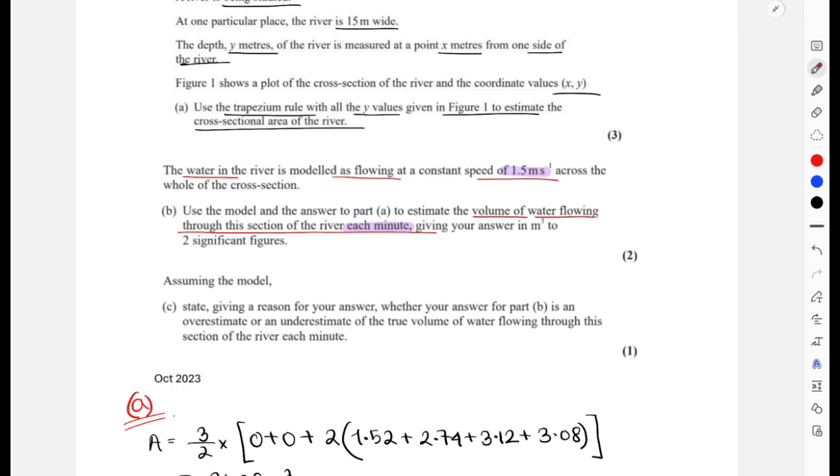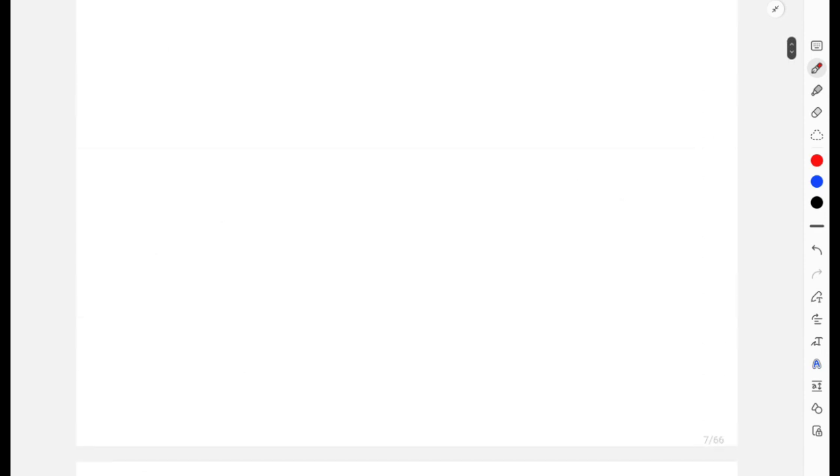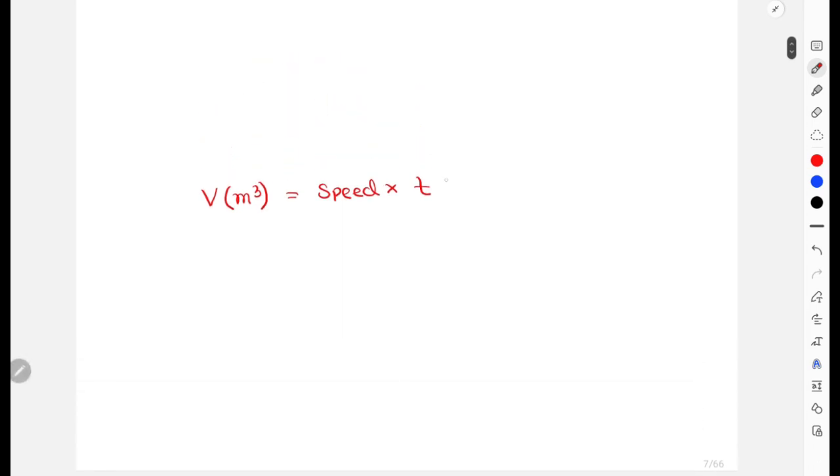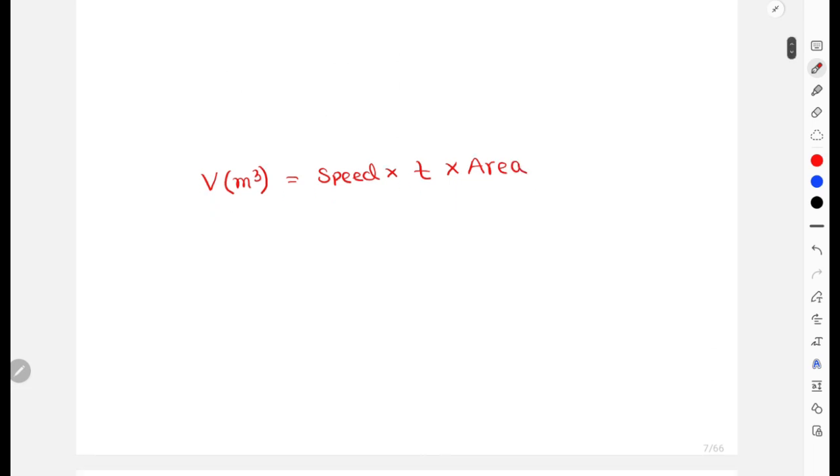And how can you understand that? You can understand this by using the units: volume is measured in meter cube, right? And speed multiplied with time multiplied with area, how can that be equal to your volume?